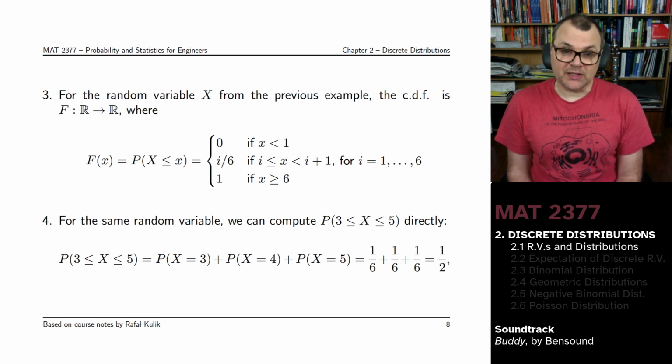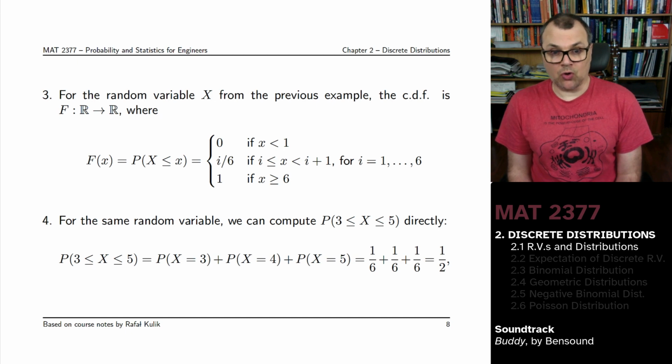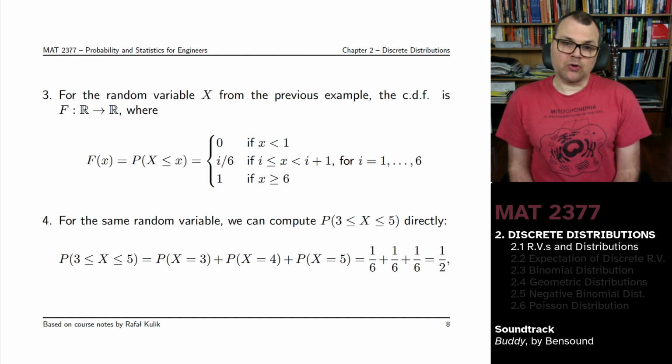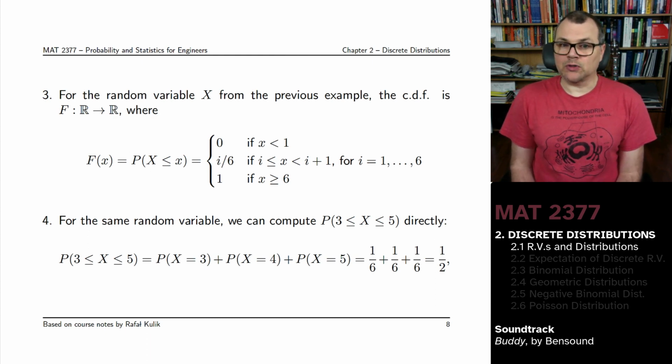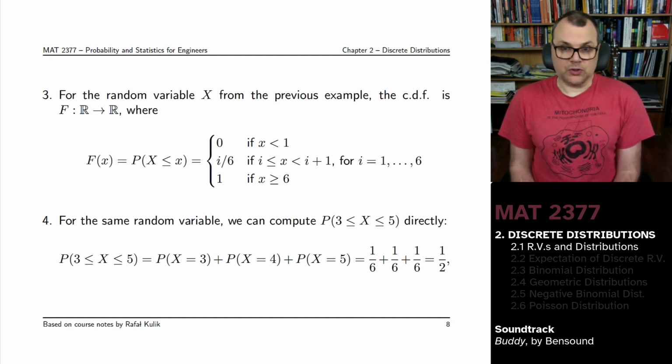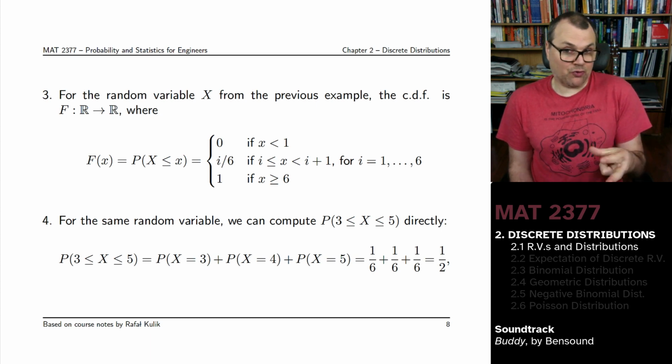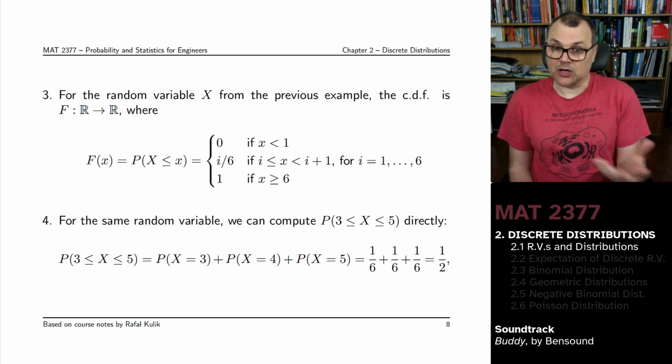What's the probability that you will roll a number smaller than or equal to x? Well, it depends. What's the probability that you're going to roll a number smaller than or equal to 1/2? Well, that's 0. It is impossible for you to roll something smaller than 1/2, because you can roll a 1, a 2, a 3, a 4, a 5, or a 6, and all of these numbers are larger than 1/2.